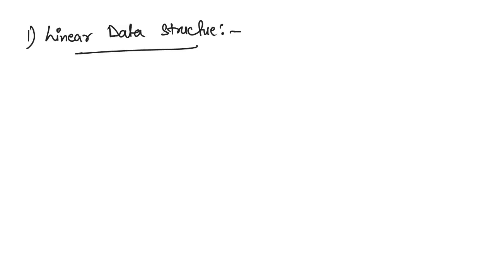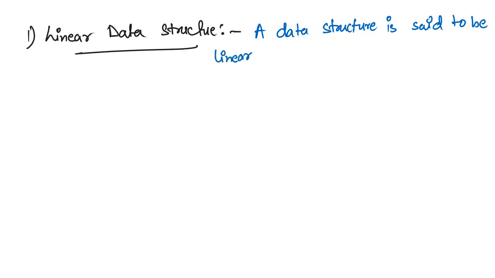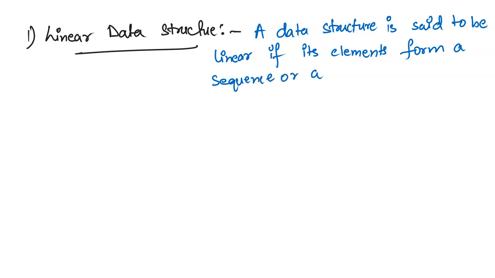So let us understand what linear data structure means. It means that a data structure is said to be linear if its elements form a sequence or a linear list.